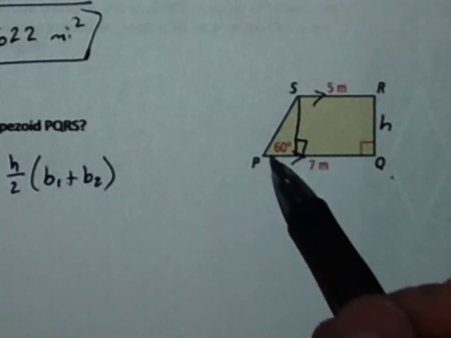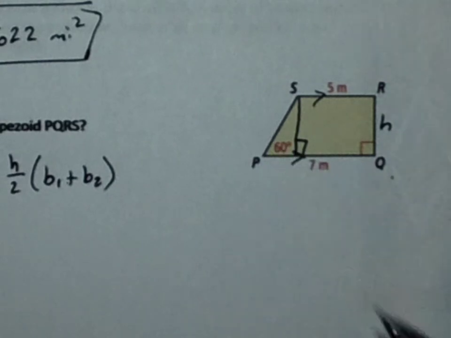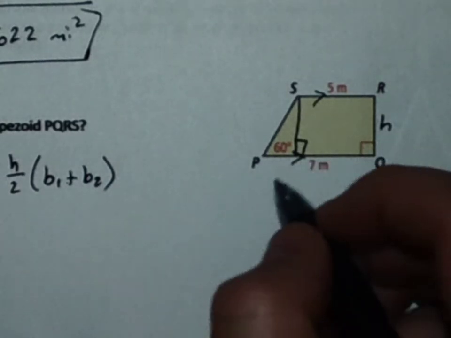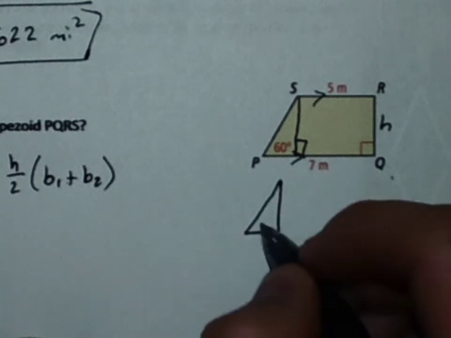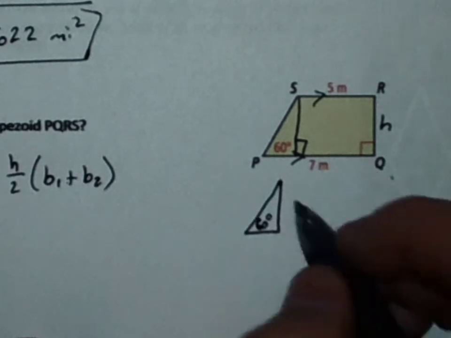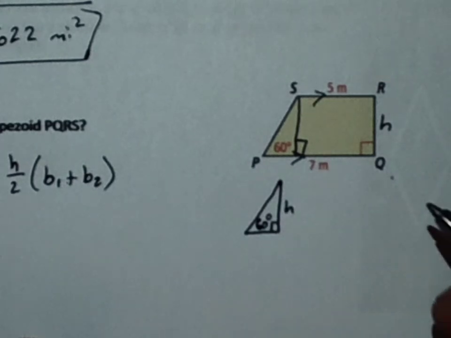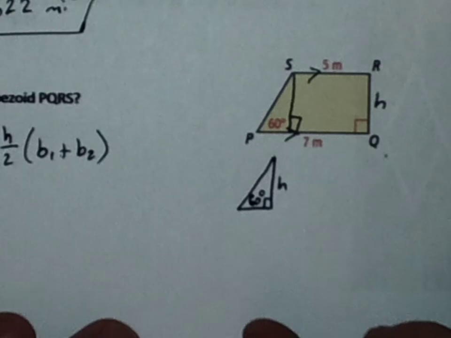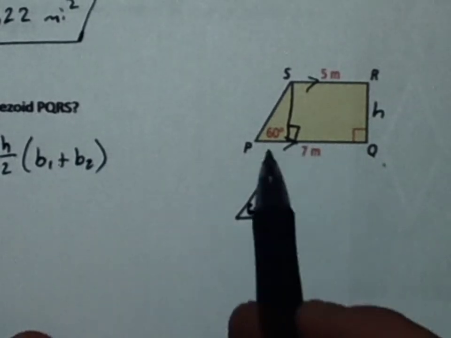But we do know that this is a 60-degree triangle. So if we took this off, we have this right here, where this is 60 degrees, this is a right angle, and we're looking for this height right there. If you remember, on a 30, 60, 90 triangle, we need to know what this distance is.